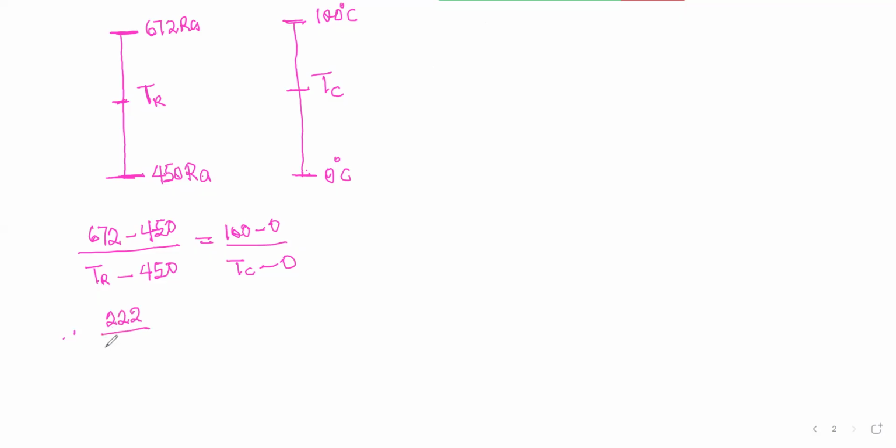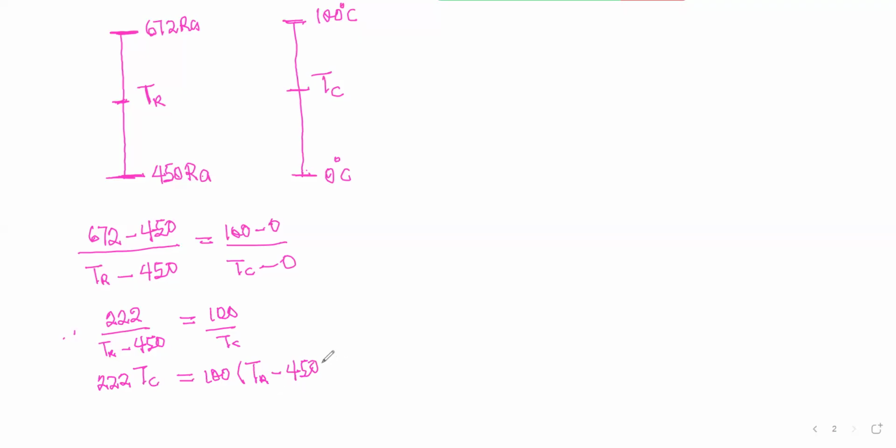Divided by T subscript R minus 450, then we equate it to 100 over T C, and then we cross multiply. 222 T C is equal to 100 times T R minus 450.